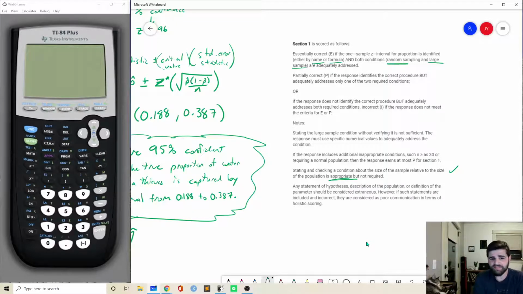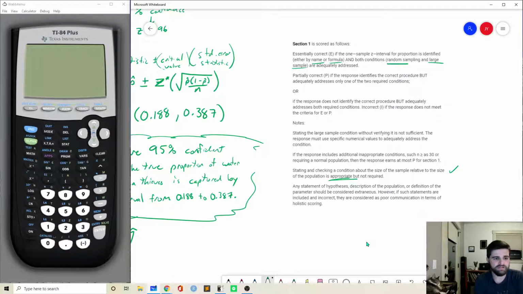So if you say something about that, that's automatic missing points. Or if you're doing a sample mean and you say something about the large counts condition, automatically lose points. So it's really important that we keep those distinct. And we'll see an example of that.